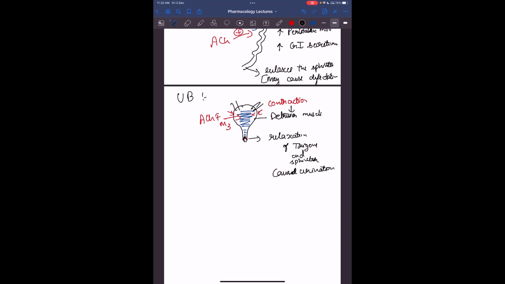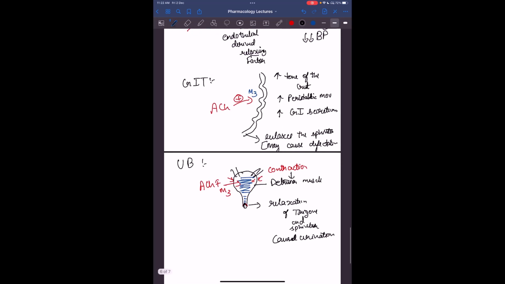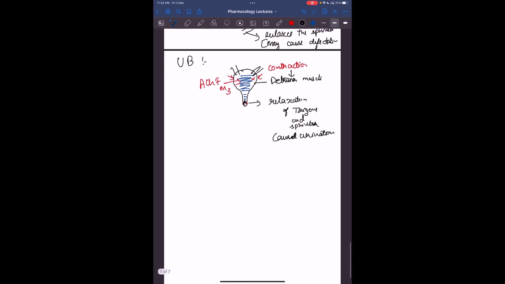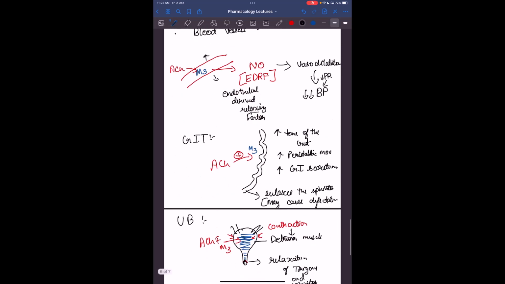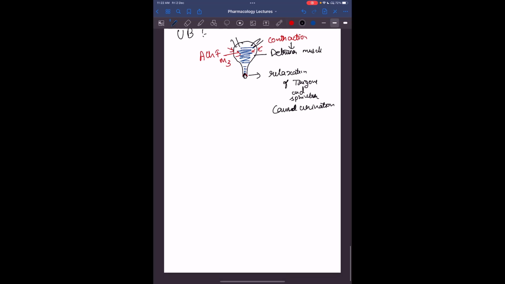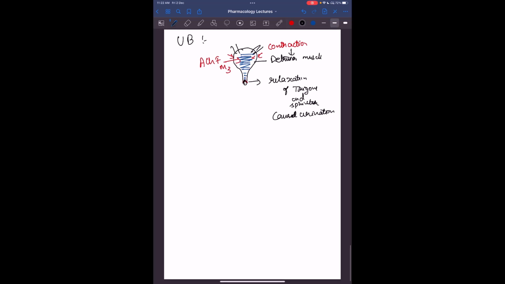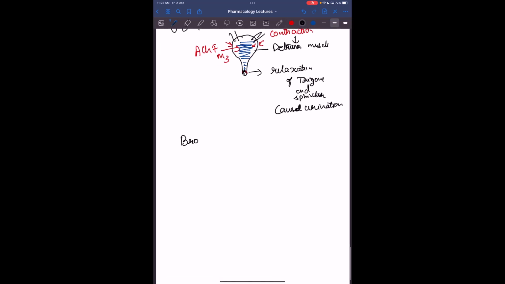Okay, so now we are done with GIT, urinary bladder, and blood vessels. Now we have bronchi. The bronchi are really important. Let's make a figure.